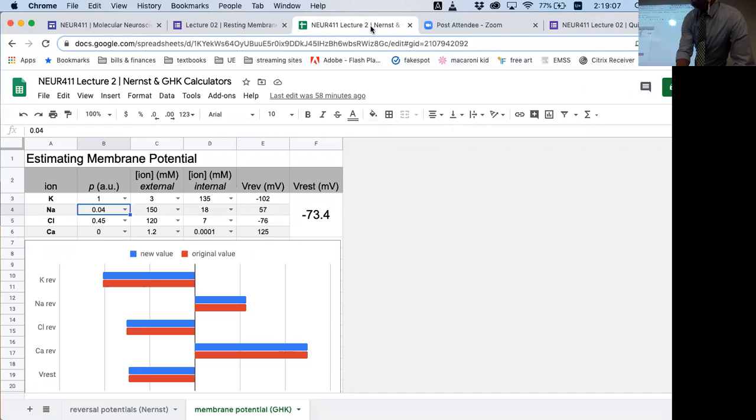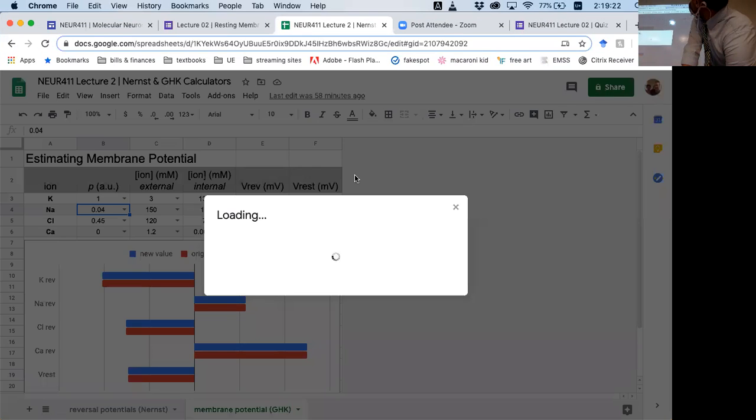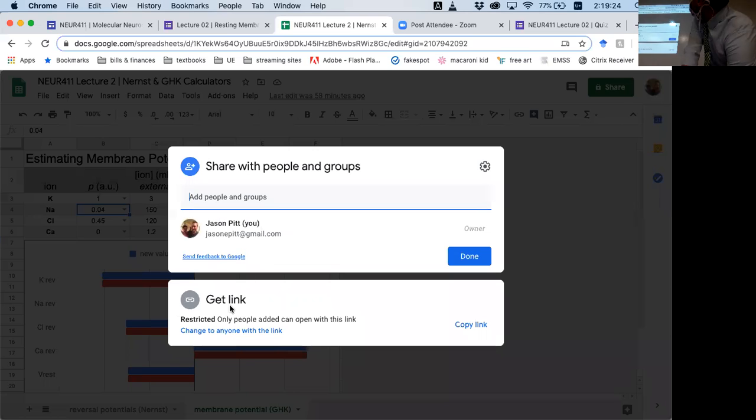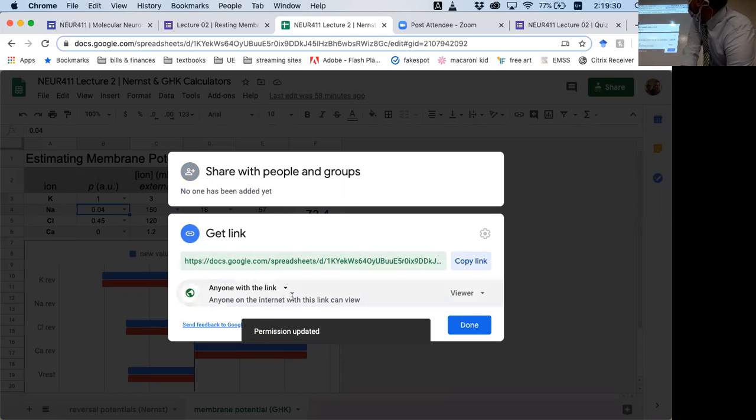Yes? Yeah, it's broken. We're sorry, this document is not published. It says you need access. Hey, hold on now. Yeah, you may need to make it anyone with link.